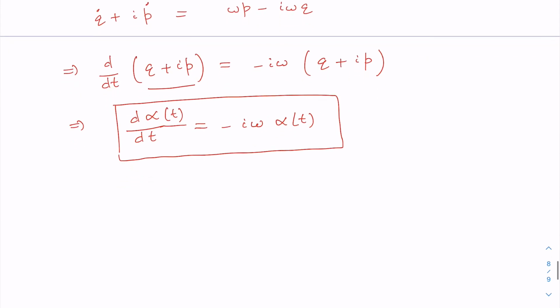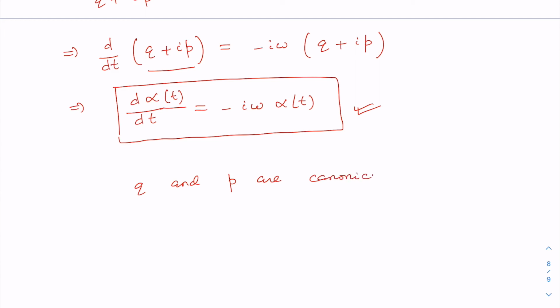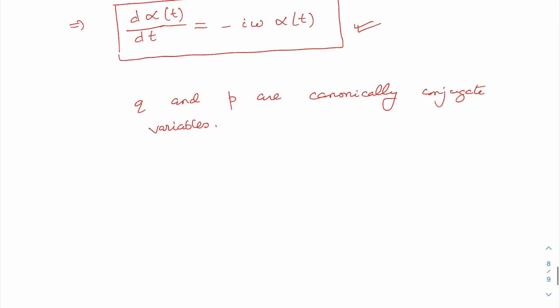So we see that this clearly means that q and p are canonically conjugate variables, because we are able to derive the known dynamics of these variables. Because we established that these are canonically conjugate variables, we are now ready for quantization.